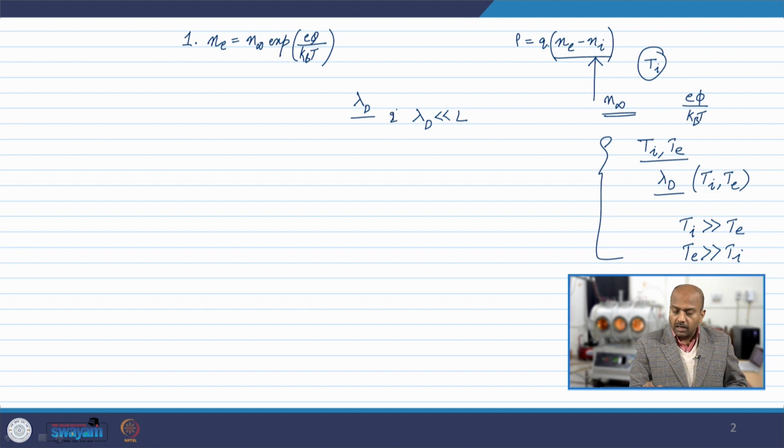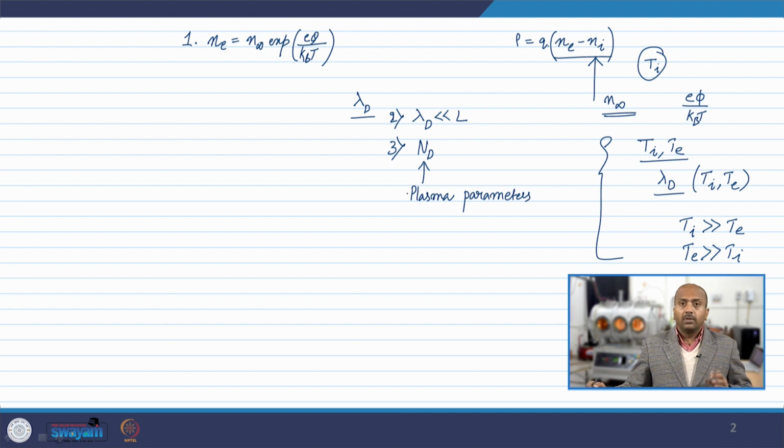This is probably the second plasma criterion that we have obtained, and the third one is, using lambda d, we derived a parameter called Nd. We call this parameter the plasma parameter.